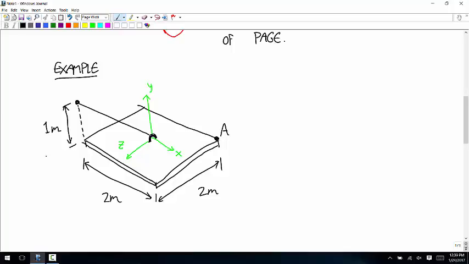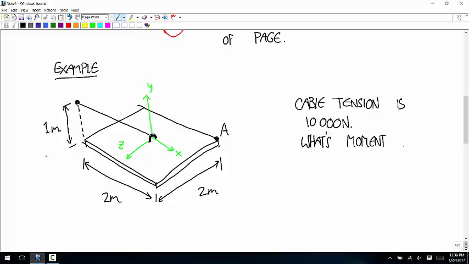And let's say that cable tension is 10,000 newtons. What's the moment the cable applies to the plate about that point A?